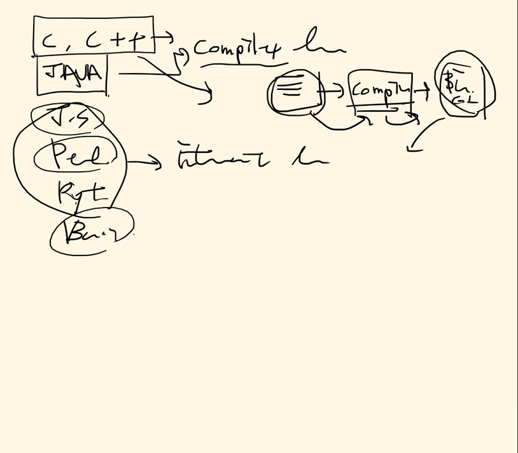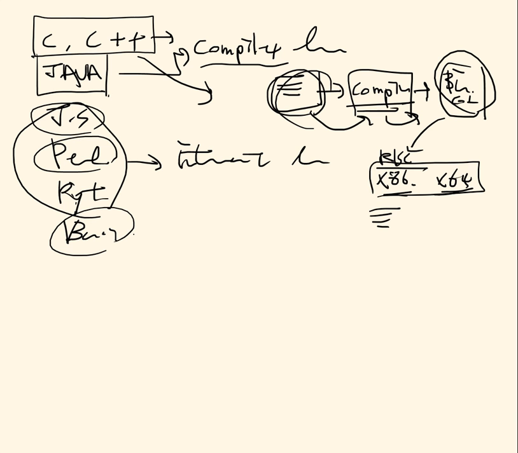Binary code depends on the platform, the CPU you are using for programming, such as x86, I mean an Intel processor, or a RISC processor. You need to compile this program into this kind of machine language.